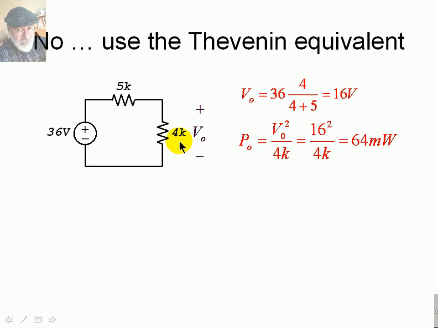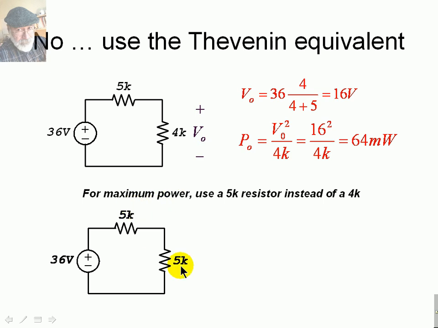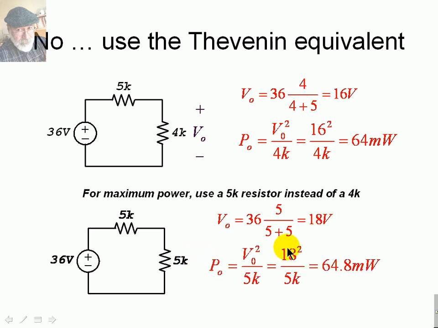Let's compute the maximum power that we can take out of that original circuit. How? Replace the 4 kilo ohm resistor by a 5 kilo ohm resistor, as we've seen in class. In that case, we do the computations again. The output voltage in this case is half Vthevenin, 18 volts, and the power is 18 squared divided by 5,000 ohms, that is 64.8 milliwatts.